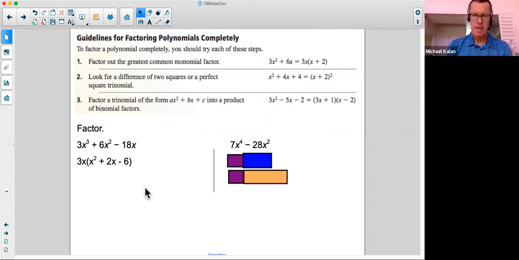Now, if you tried factoring that further, would you be able to do that? Well, think about it. The factor pairs for 6 are 1 and 6, 2 and 3. And do either of those have a difference or a combination that will give us a 2? The answer is no. So that's as far as we can go.